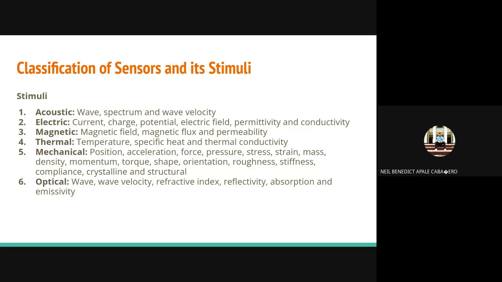Next is mechanical, which includes position, acceleration, force, pressure, stress, strain, mass, density, momentum, torque, shape, orientation, roughness, stiffness, compliance, crystalline, and structural. So medyo taas-taas din yung mechanical na part. And lastly is ang optical, which includes wave velocity, refractive index, reflectivity, absorption, and emissivity.